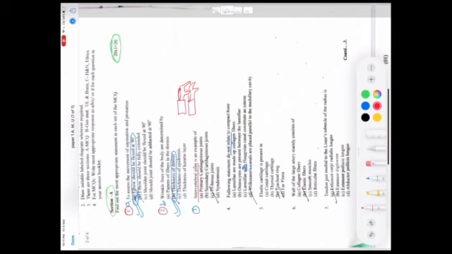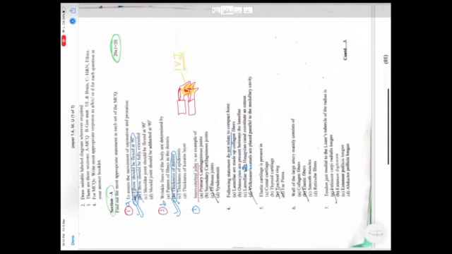This is called the inferior articular process from a vertebra above, and this is the superior articular process from a vertebra below, right? What I have marked is also an intervertebral joint.